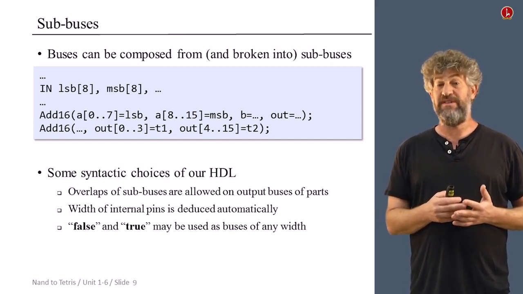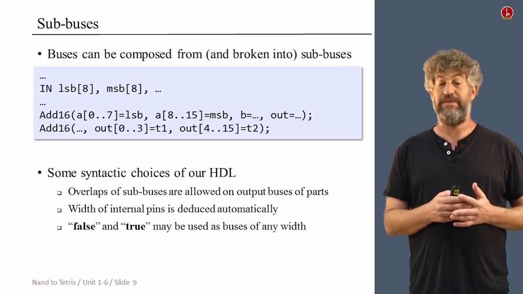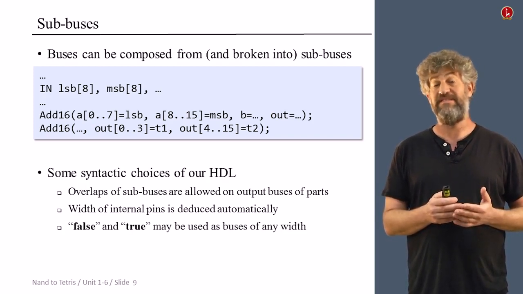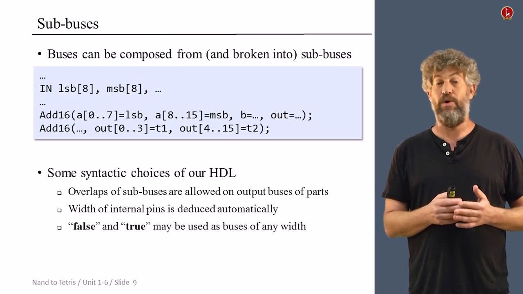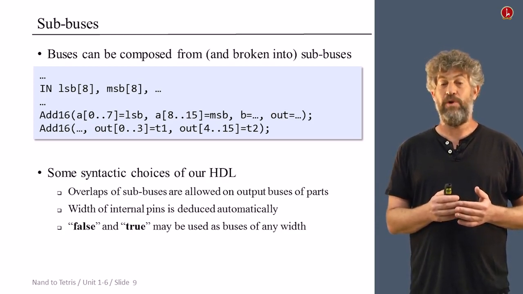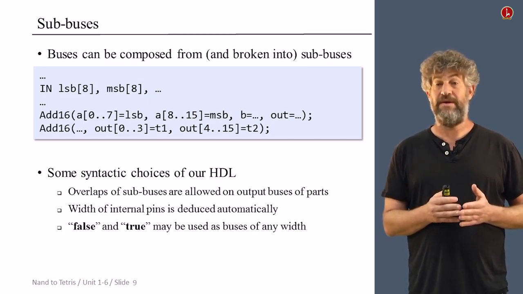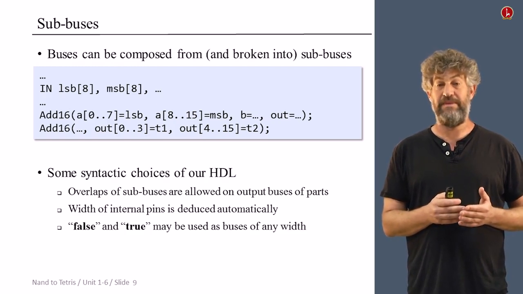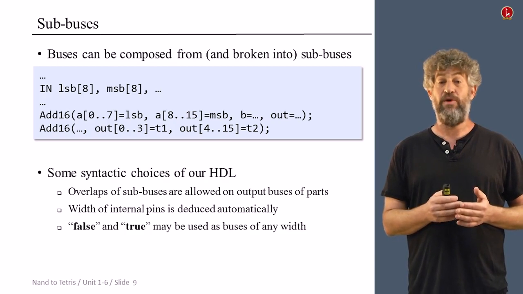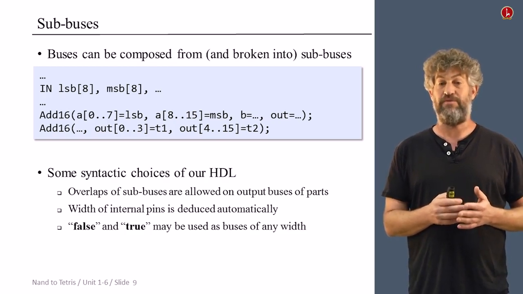In our input we have 2 8-bit buses called LSB, least significant byte, and MSB, most significant byte. If we want to plug them together into an And16 gate, we can just take the first 8 bits of the bus and plug the LSB into it, and the second 8 bits and plug the MSB into it. And notice the syntax for doing that.